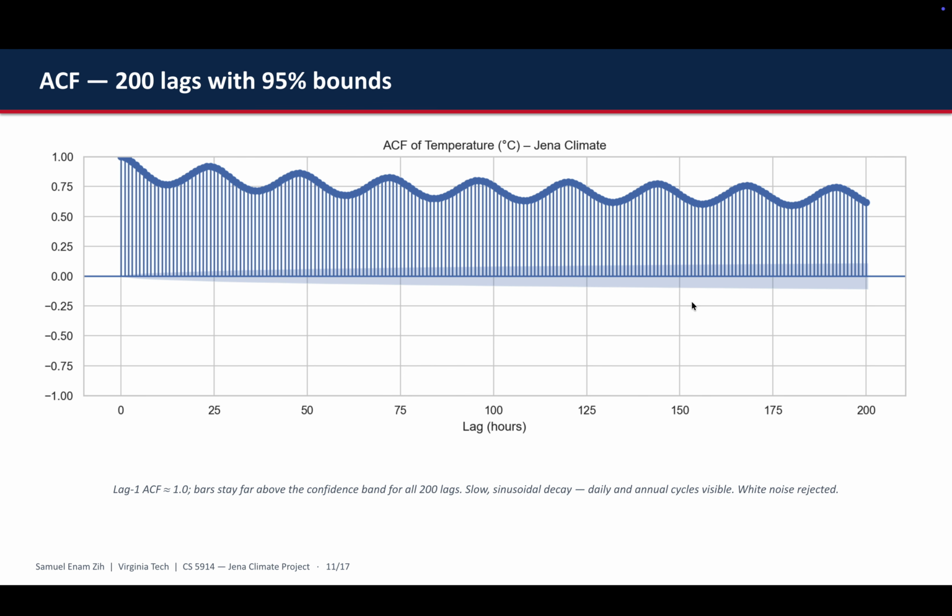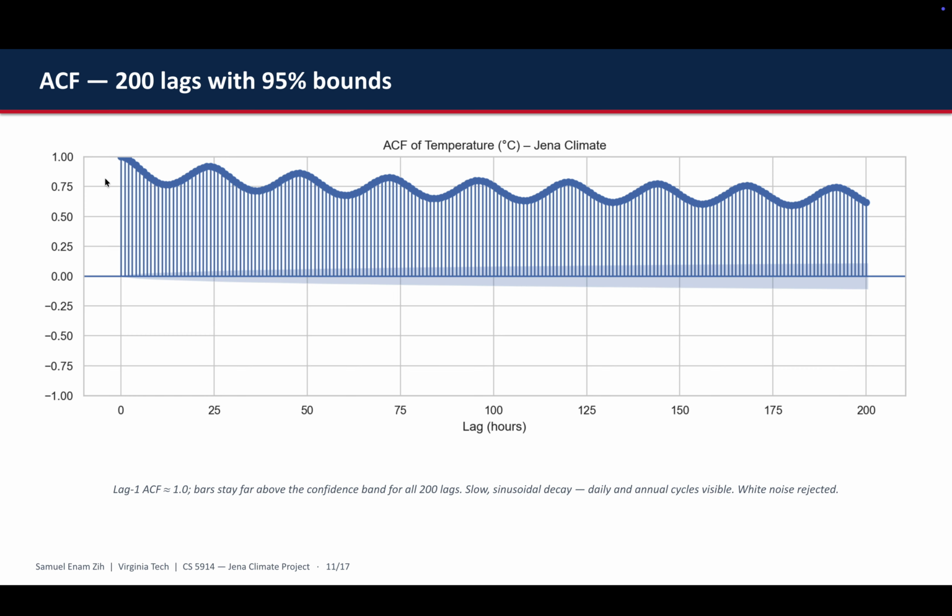ACF. The autocorrelation function with 200 lags and 95% confidence bound. Three observations. First, the lag 1 ACF is essentially 1.0, almost perfect persistence from one hour to the next. Second, every single bar over 200 lags stays well above the confidence band.